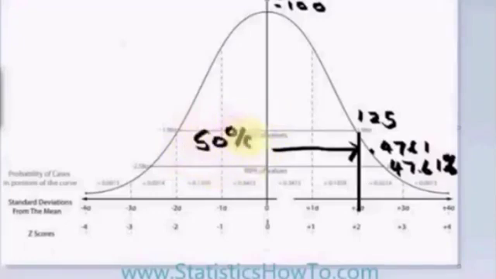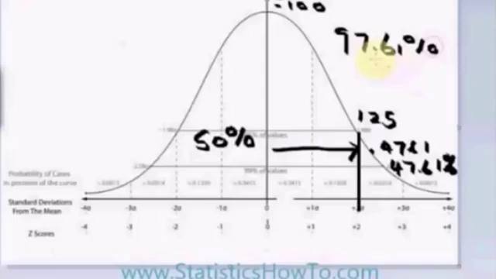And because we know this entire area here contains 50% of the scores, we're going to add our 50% and our 47.61% to get 97.61%. So if our mean is 100 and our z-score is 1.98, then 97.61% of all scores will fall below that number.